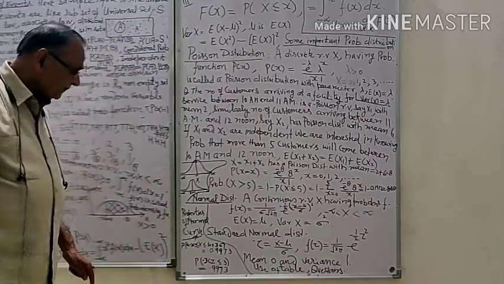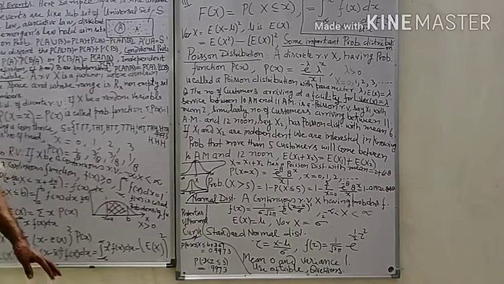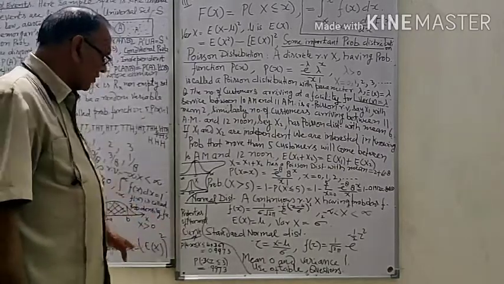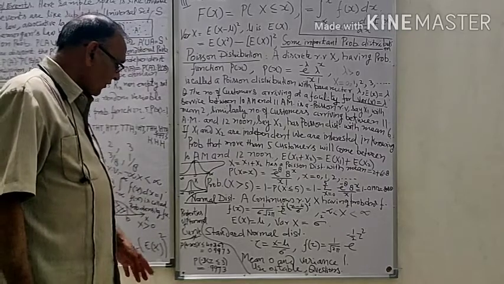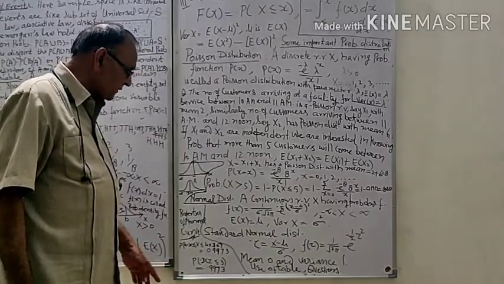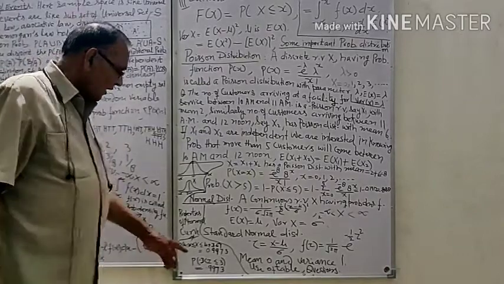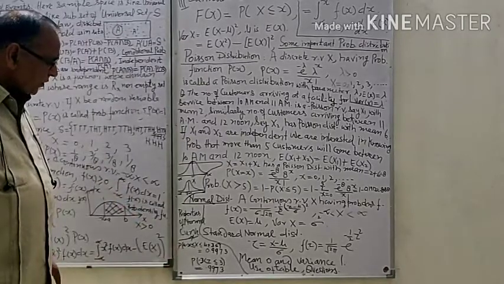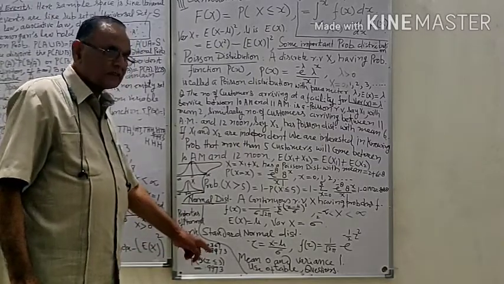But in the case of the standard normal distribution, the mean happens to be 0 and variance is 1. So therefore 99.73% of the values of the standard normal variate lie between minus 3 and plus 3.